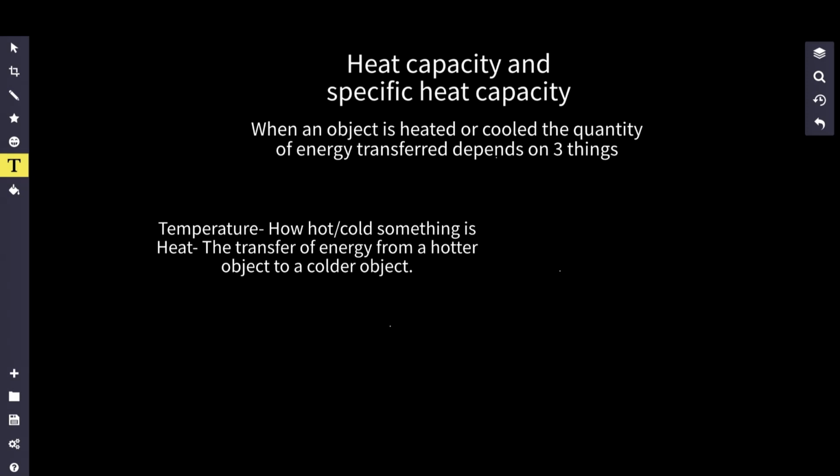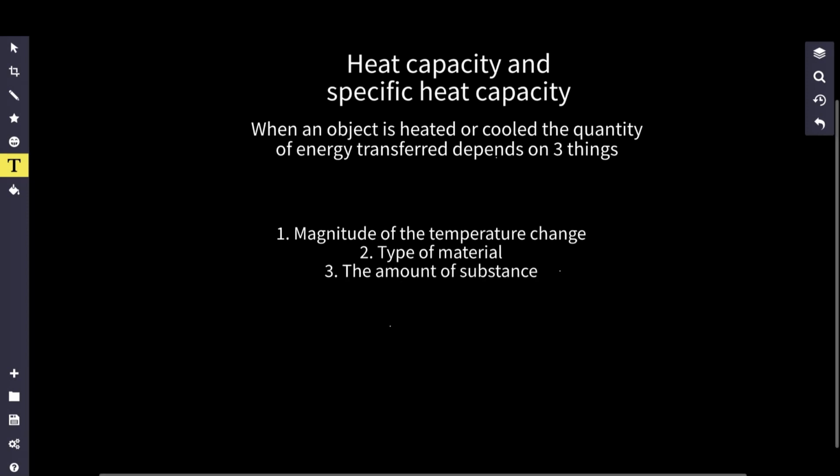So, when an object is heated or cooled, the quantity of energy that's transferred depends on three things. One, the magnitude of the temperature change. How much has your substance changed in temperature? Two, the type of material.